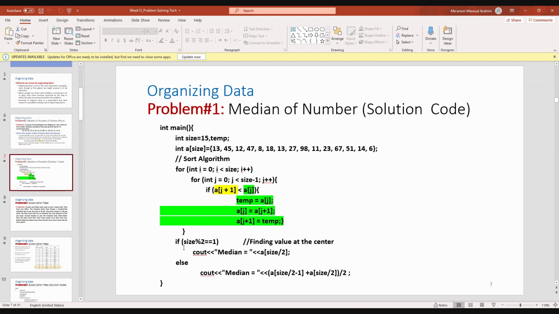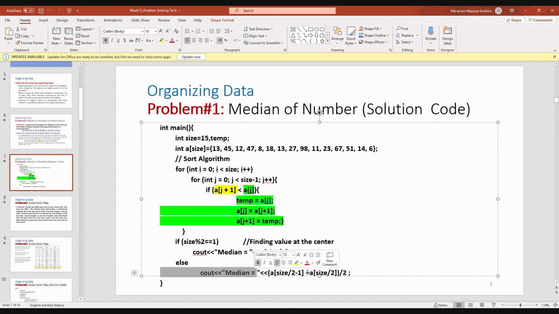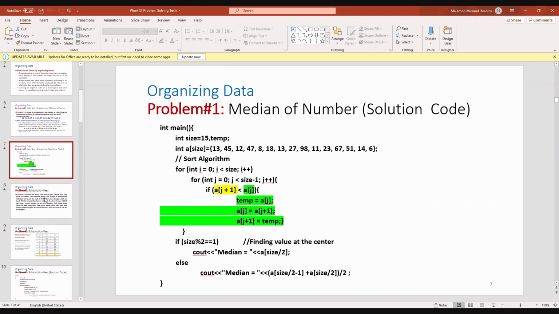In this case, the median will be 1 element because the size of the array is odd. If the size of the array is not odd, it's even, we will find the average for the 2 elements, 7 and 6, and so on. We have talked about this in the last lecture.